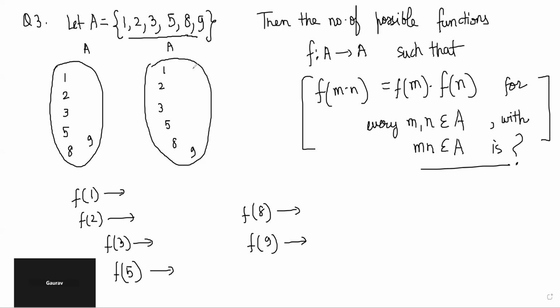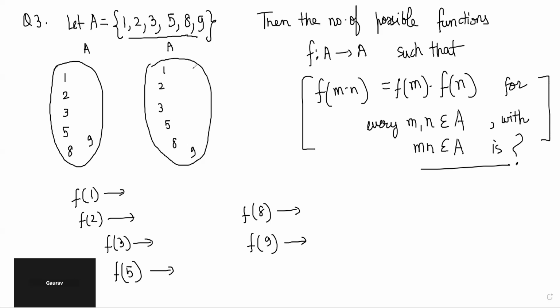I just counted that f of 1 can be equal to 1, 2, 3, 5, 8, or 9. How many choices are there? Six.